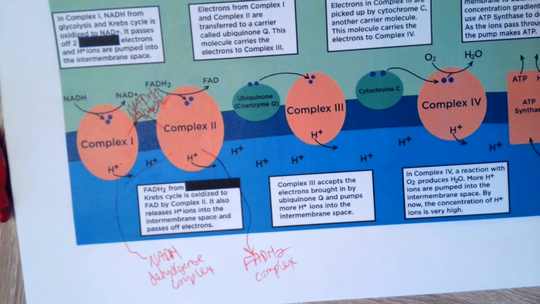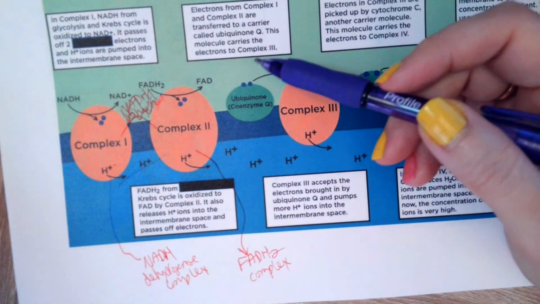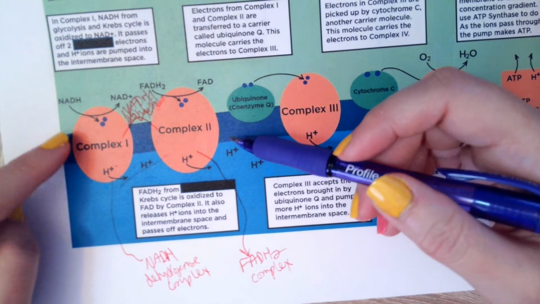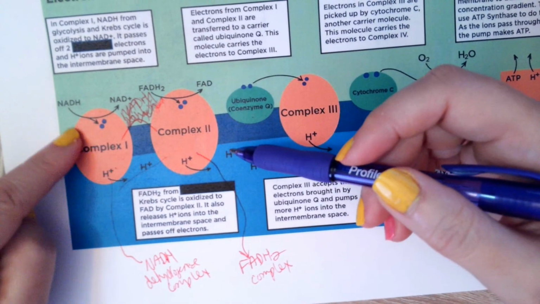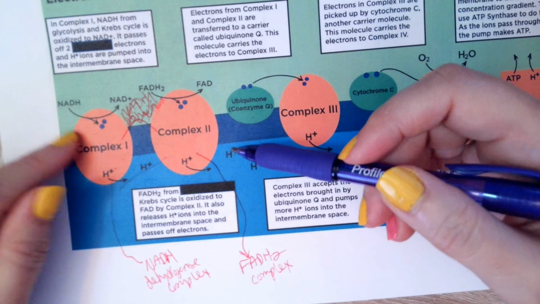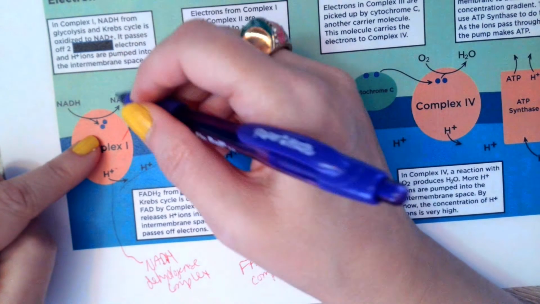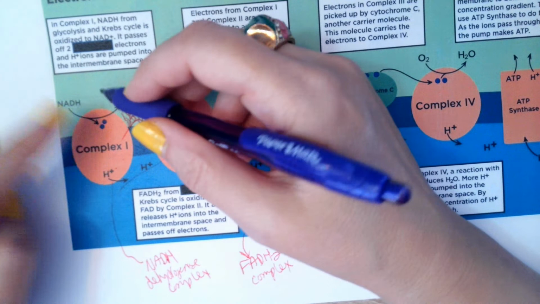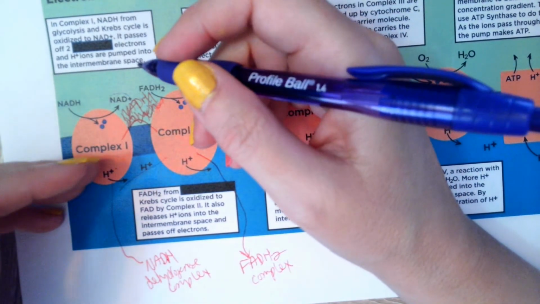Okay. So let's just start from the start here. NADH, that's an NADH dehydrogenase complex. It oxidizes NADH, so we take the electrons off of NADH, we end up with NAD+. The electron is going to be bounced to ubiquinone.